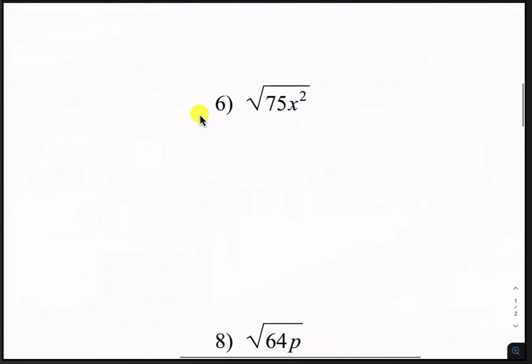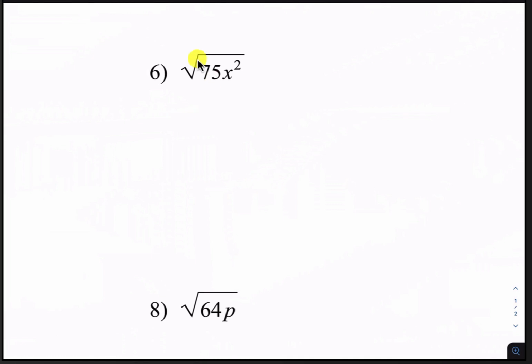Okay. Number 6, square root of 75x squared. 75 is not a perfect square, but we can split that up into 25 times 3. 25 times 3 is 75. And then times the x squared. 25 is a perfect square.